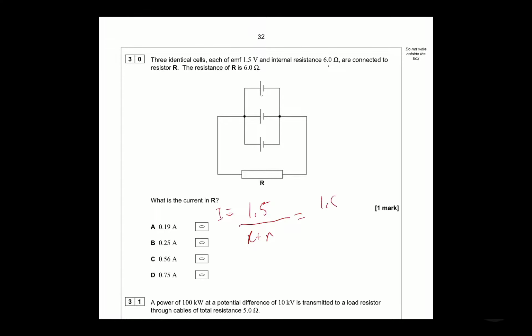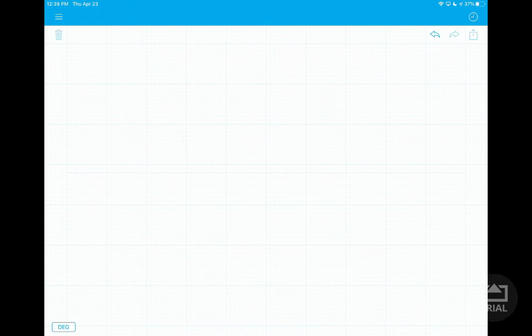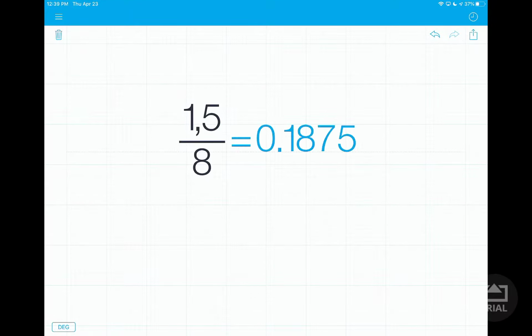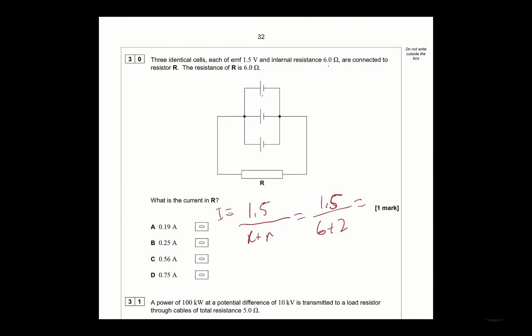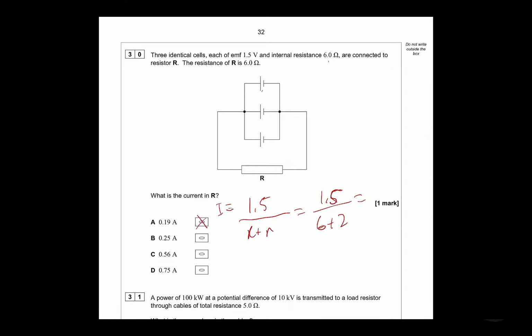So that's 1.5 over 6 plus 2. 1.5 divided by 8. 0.1875, 0.19 amps.